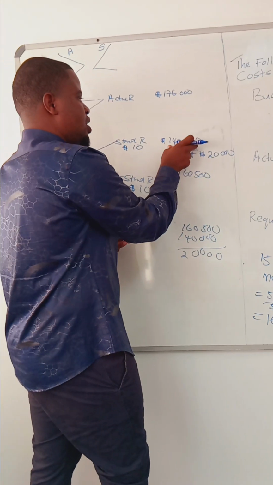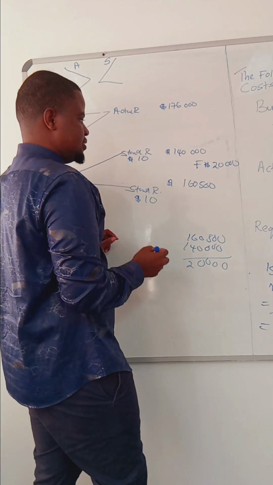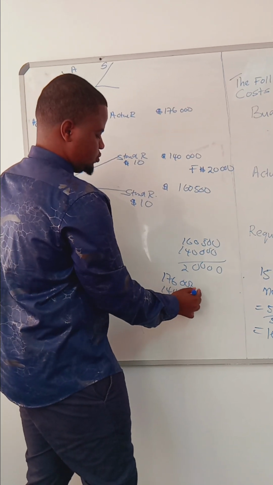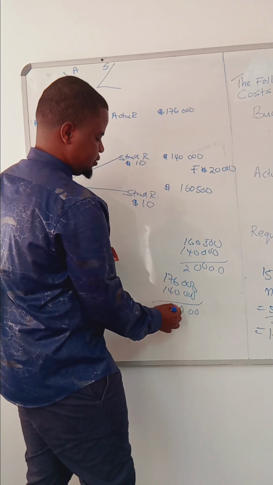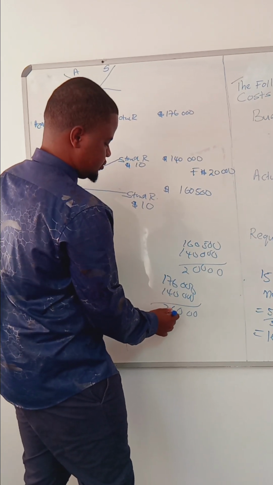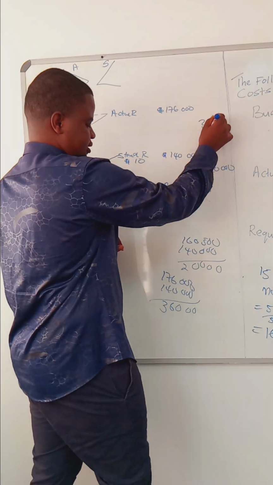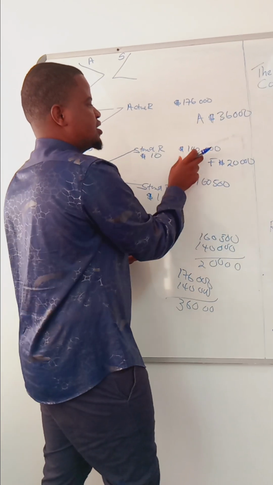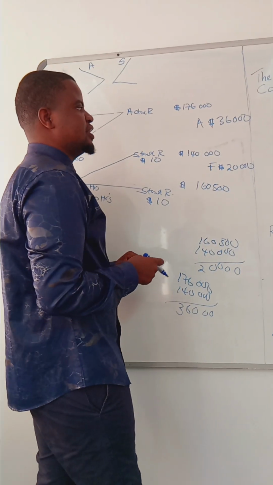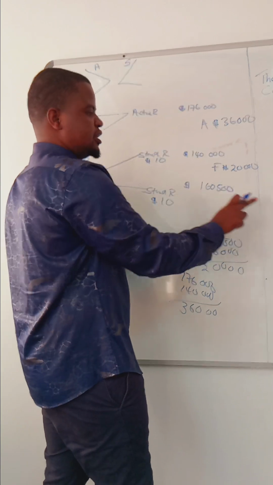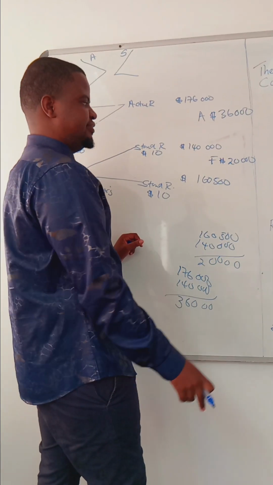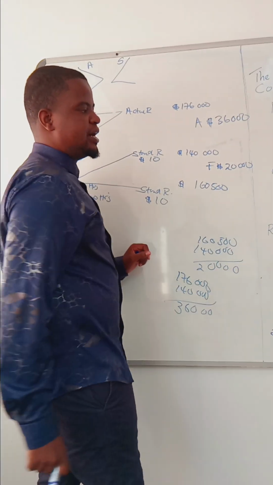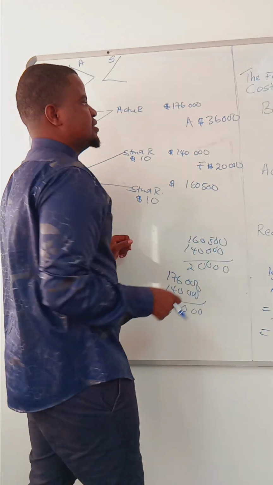Then here we have 140,000 minus 176,000, which is 36,000. This one is adverse. So our answer for labor efficiency variance is 20,000 favorable, and labor rate variance is 36,000 adverse.